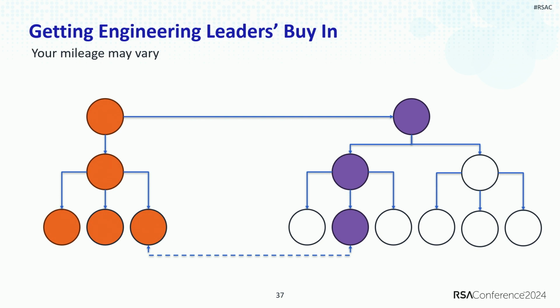So when it comes to getting your engineering leaders' buy-in, your mileage may vary. This is an example of a hierarchical process or a hierarchy of employees. And you know, the report chain might be a little bit strict here, and it's very top-down when it comes to the key objectives, key results, if you're familiar with OKRs.